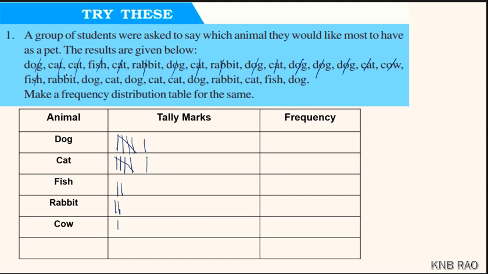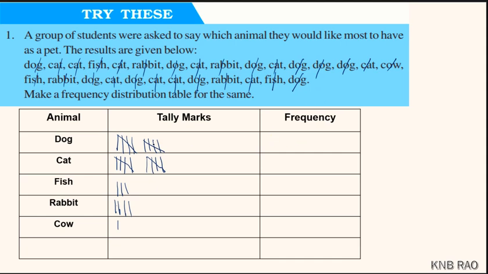Now rabbit third fellow, dog seventh fellow, cat seventh fellow, dog eighth fellow, cat eighth fellow, cat ninth fellow, dog ninth fellow, rabbit fourth fellow, cat 10th fellow, fish third fellow, dog 10th fellow. That means with the list given, I have finished.